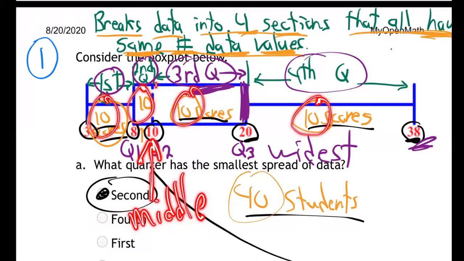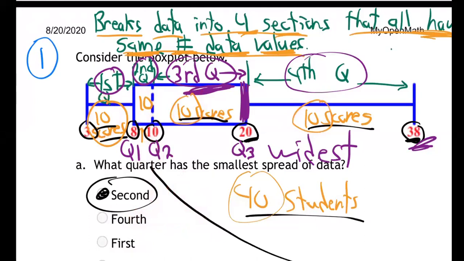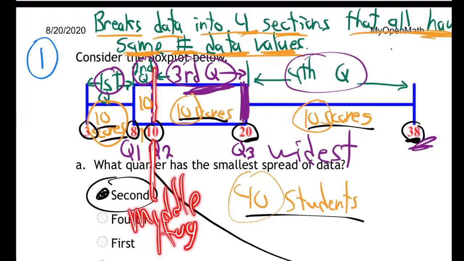Everybody see that? Remember, every one of these quarters has the same number of data values in it. So every one of these sections has 10. So that means right here is the middle. This is the average score, because there's 2 quarters below it and 2 quarters above it.